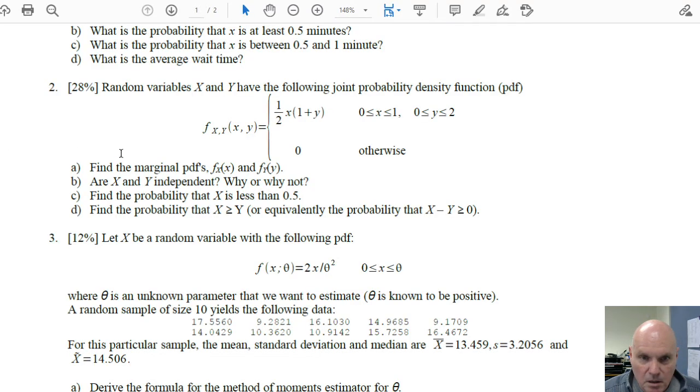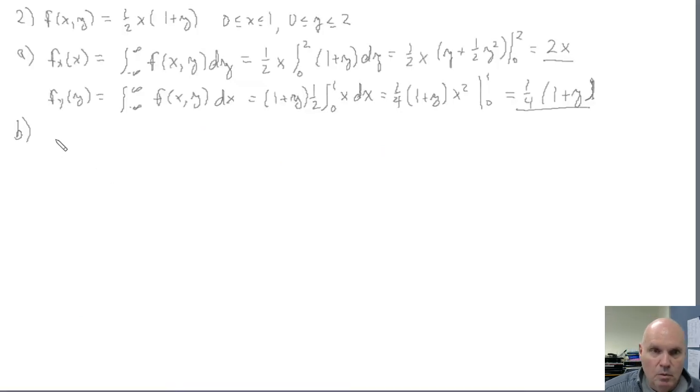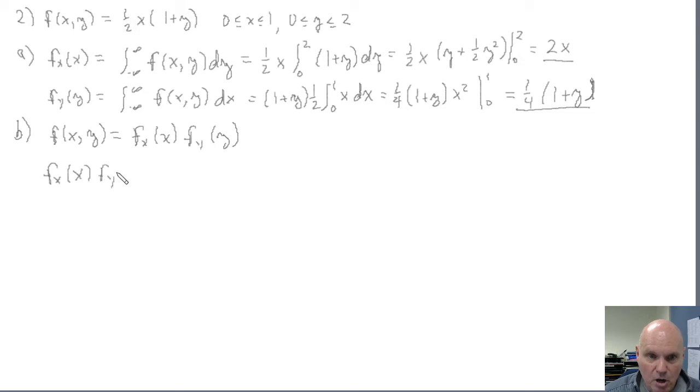In part B, we're asked the question, are x and y independent? Why or why not? Well, one definition of independence is the two random variables are independent if the joint PDF is equal to the product of the marginals. In this case, that product is 2x times 1/4 times (1 plus y). 2 times 1/4 is going to give me 1/2.